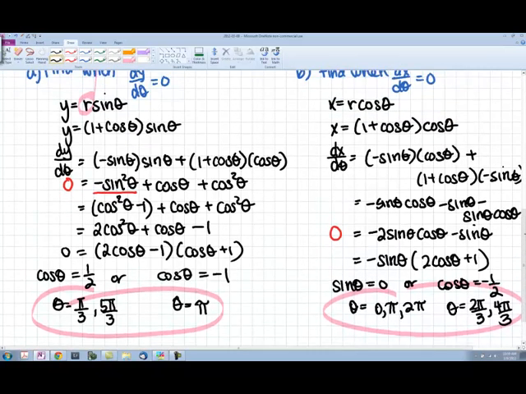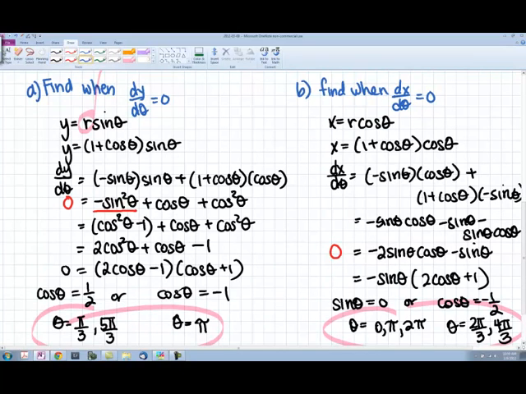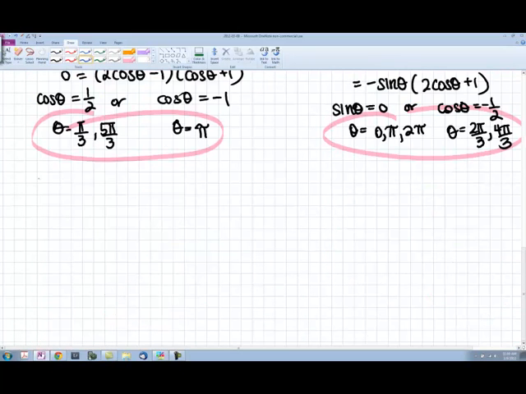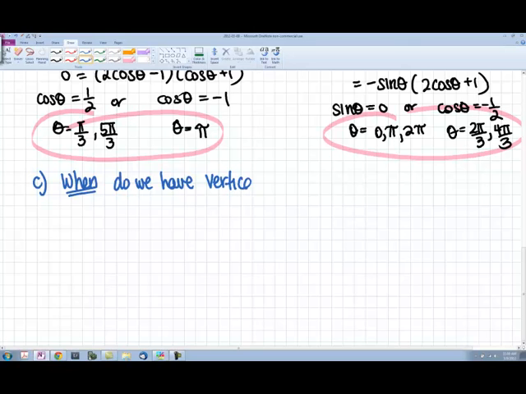So I have one more question. We're going to continue this a little bit more. I'm going to want to know, when do we have vertical and horizontal tangent lines?